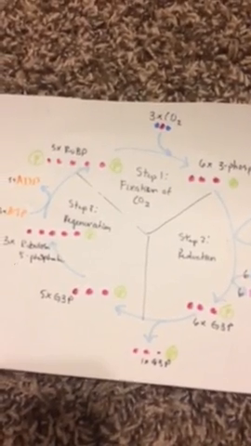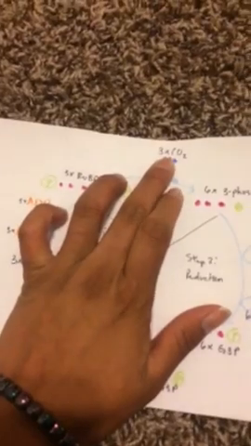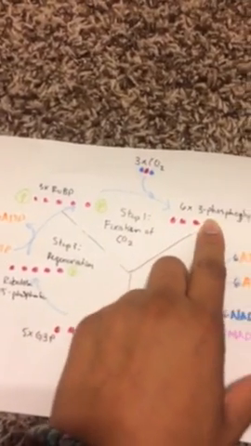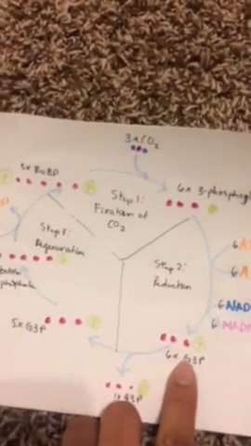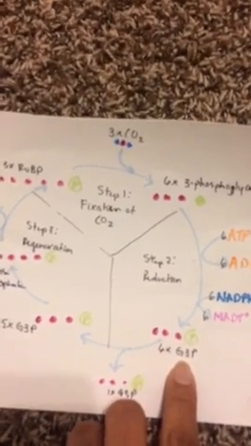So what you need is, you're going to need 3 carbon dioxide molecules to be bound to 3 RuBP molecules to make 6 3-phosphoglycerate molecules. And then you use about 6 ATP molecules and 6 NADPH molecules to make 6 G3P molecules.